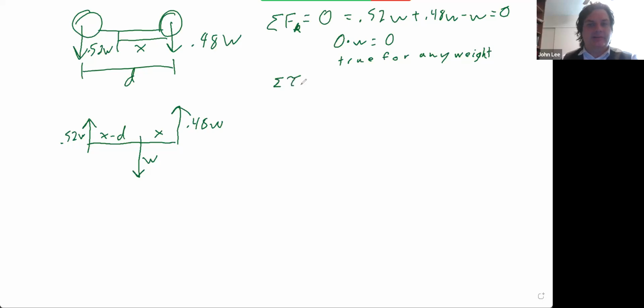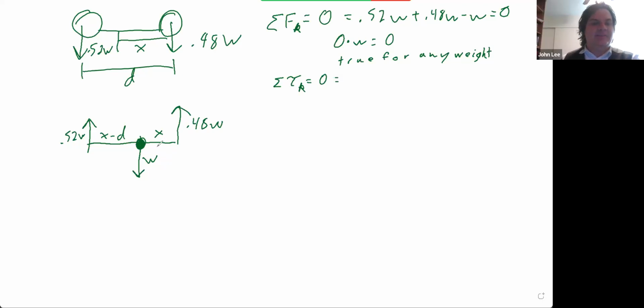So we have sigma of torques of any kind, sigma torque K, is equal to R cross F. The first thing that I need to note is that we're pivoting around this point, the center of mass.